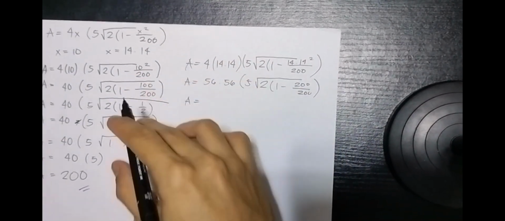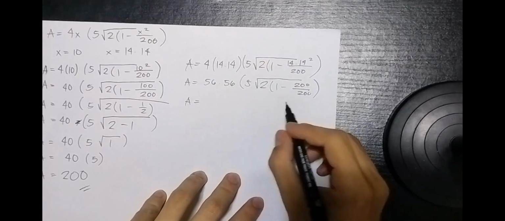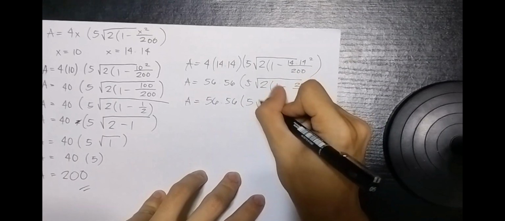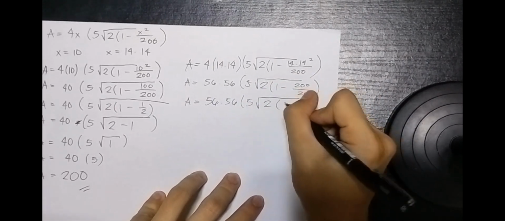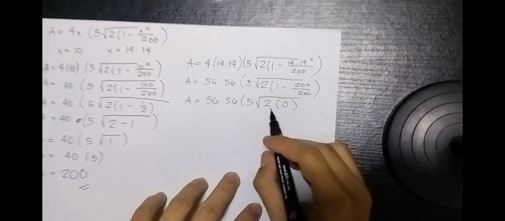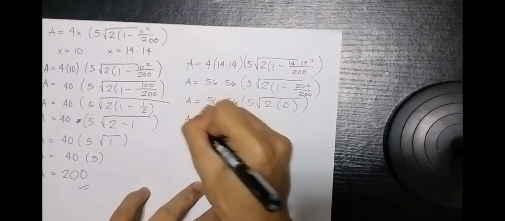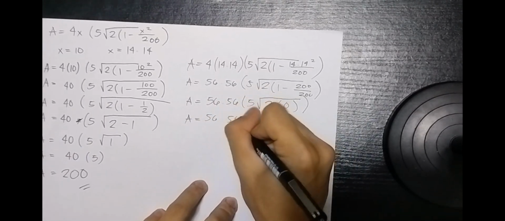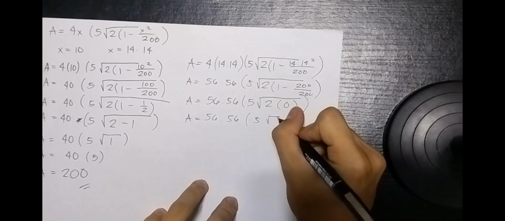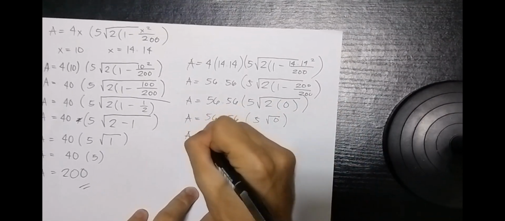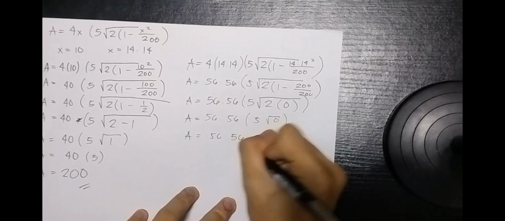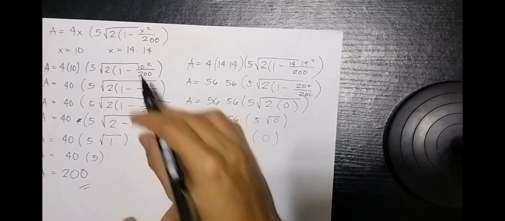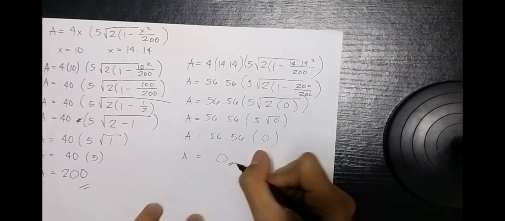So A is equal to 56.56 square root of 2. 1 minus 200 over 200 is 0. So 14.14 will just equate to 0. So our area in critical number 14.14 is equal to 0.